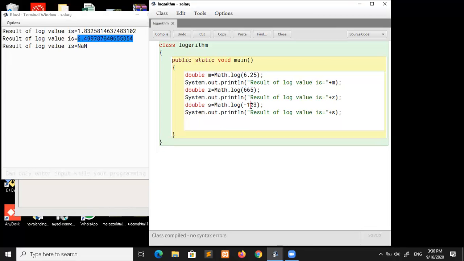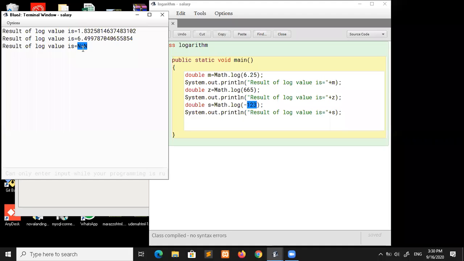But if I specify a negative number for the logarithm, it will give me a wrong input, that is not a number, which is specified as NaN by the BlueJ compiler. Getting it? So make a note in your notes that for square root and logarithm, negative numbers are unsupported.